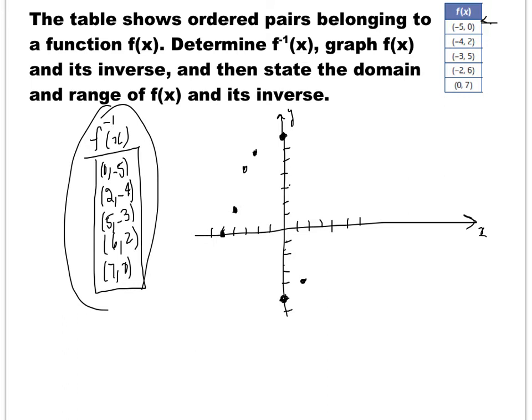If x is 5, y is negative 3, so 2, 4, 5, and it's negative 3, so it's going to be somewhere around here. If it's 6, then f minus 1 of x is 2.